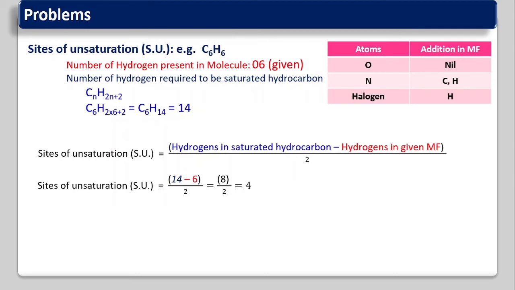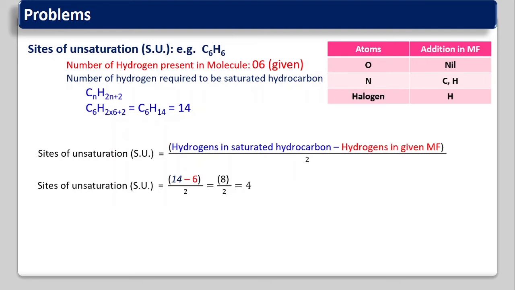Suppose our molecular formula is C5H5N. Then instead of N, we add 1 carbon and 1 hydrogen, and the molecular formula becomes C6H6. So for each nitrogen we add 1 carbon and 1 hydrogen. If our molecular formula contains a halogen like bromine, chlorine, iodine or fluorine, then for each halogen we have to add 1 hydrogen to the molecular formula.